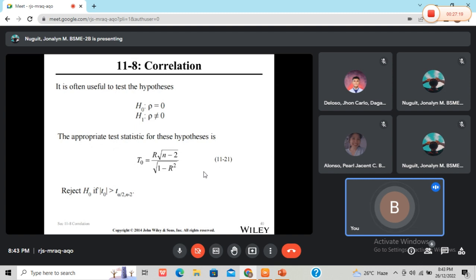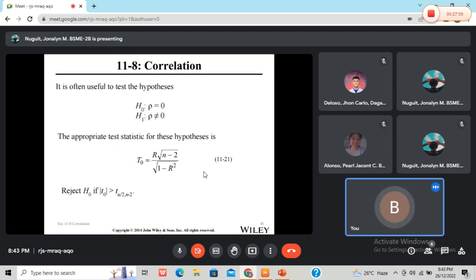The alternative hypothesis is that the population correlation coefficient is significantly different from zero, so there is a significant linear relationship between x1 and x2 in the population. The appropriate test statistic for this hypothesis is t0 equals r times the square root of n minus 2, where n is the sample size and r is the sample correlation coefficient, over the square root of 1 minus r squared.